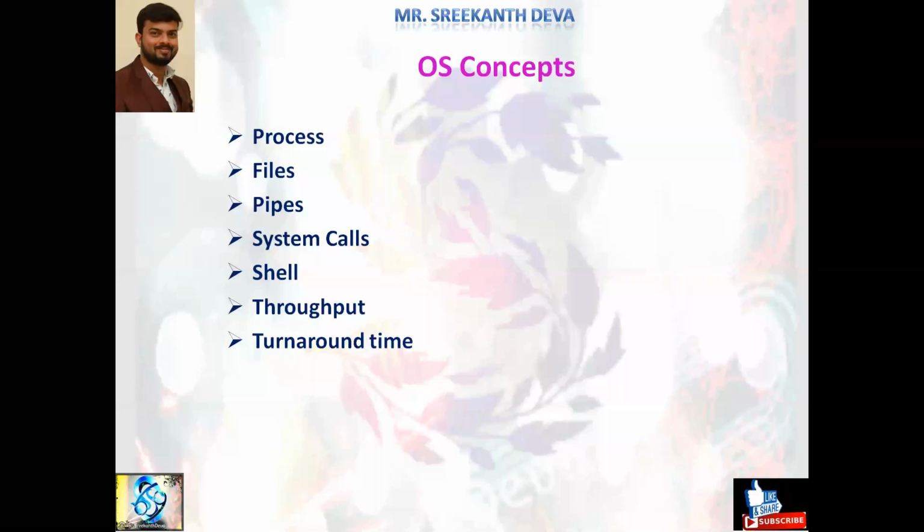Next, the shell. The shell is a command interpreter for the operating system. The OS receives commands from the user in an English-like language that the computer does not understand. It is the job of the command interpreter to interpret the instructions given by the user into machine-understandable language.